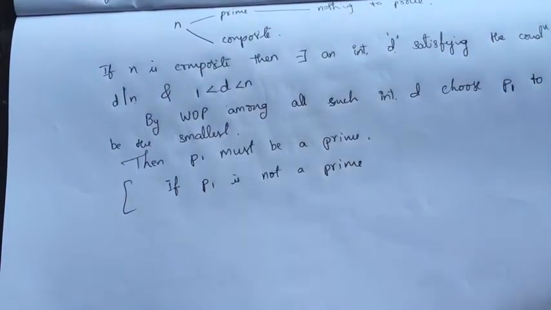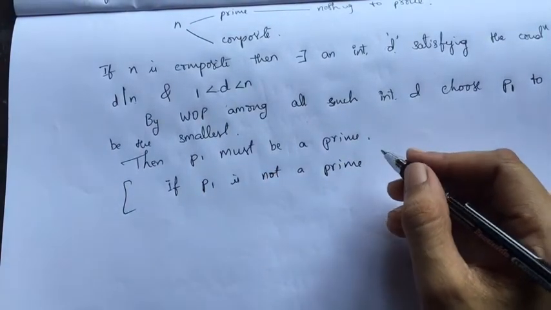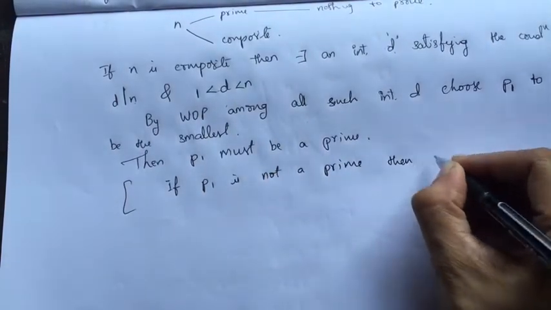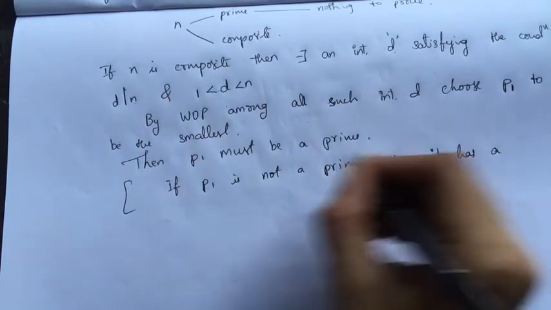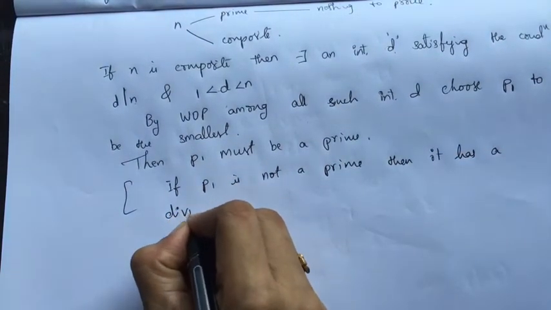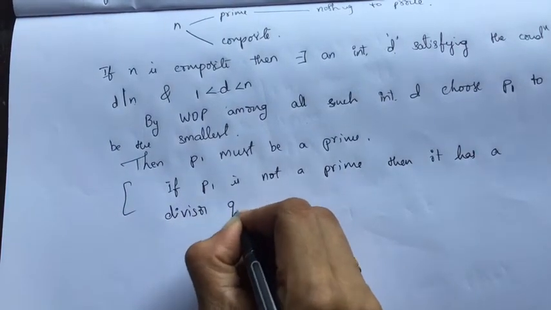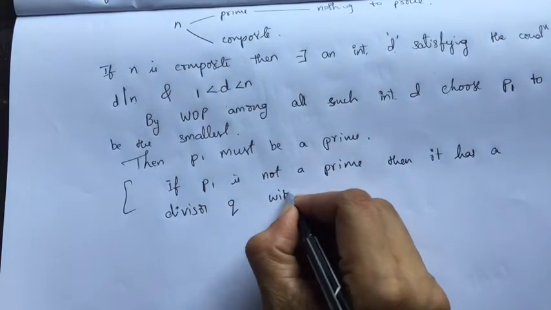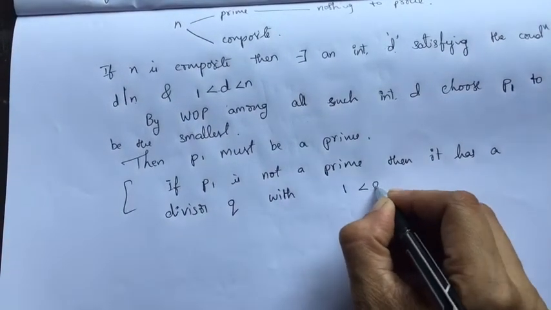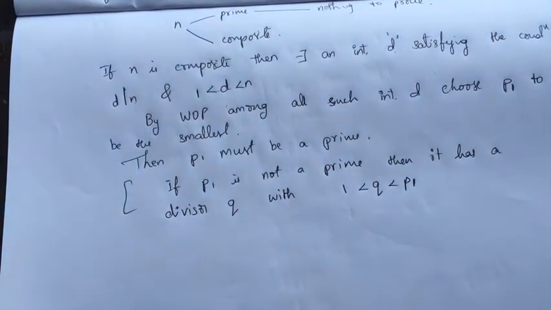It should have some divisor, say Q. If it's not a prime, then it should have a divisor Q in such a way that 1 is less than Q less than P1.